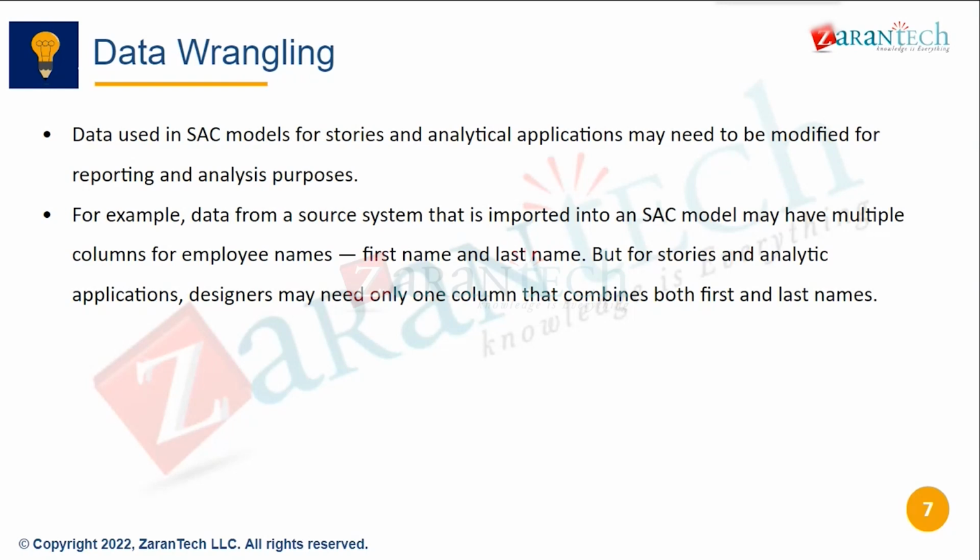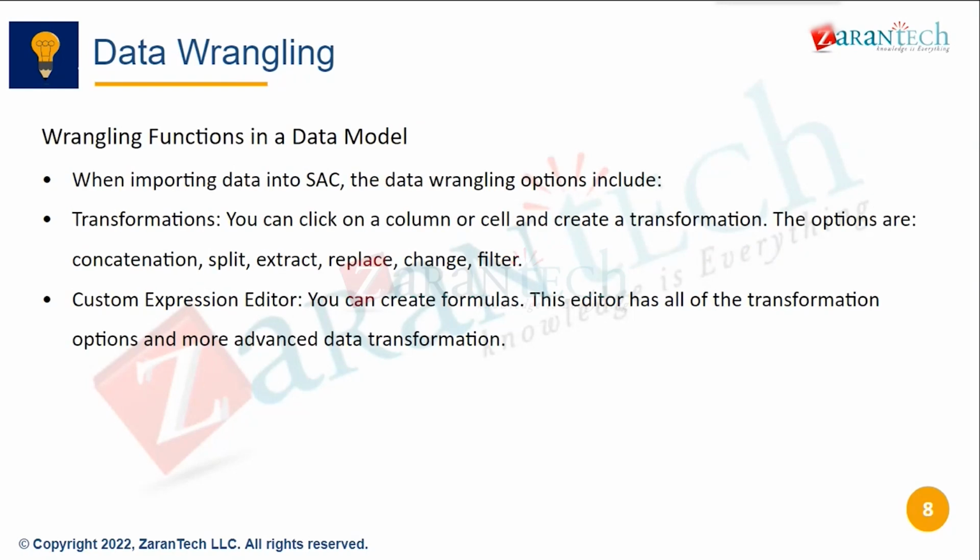You can use the split functionality. Similarly, if first name and last name are in different columns and you want to show them in one column, you can just concatenate. Those functionalities are already available in the data model when you create a model by CSV file. Those are wrangling functions.